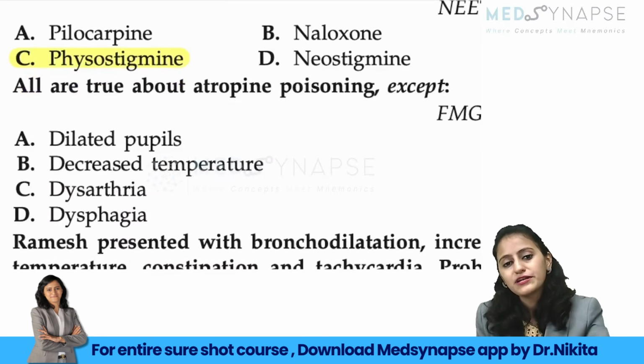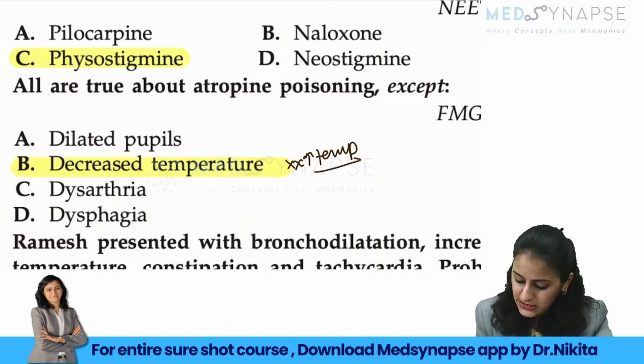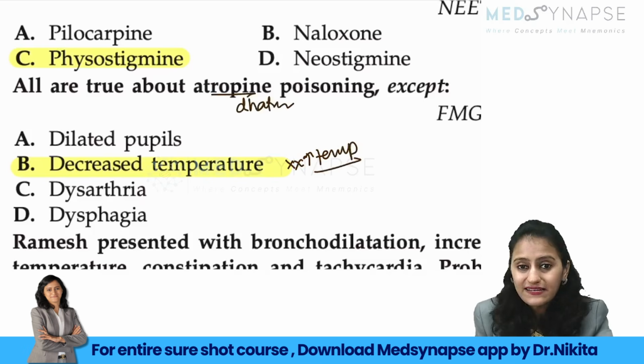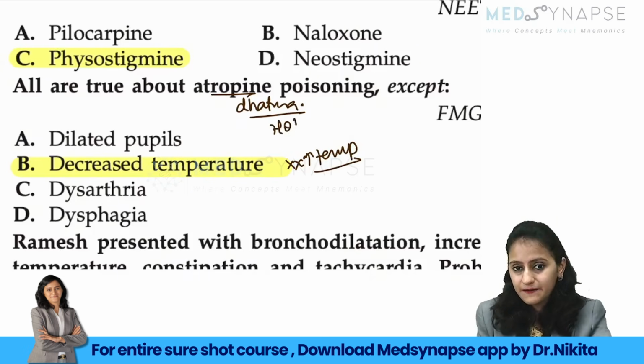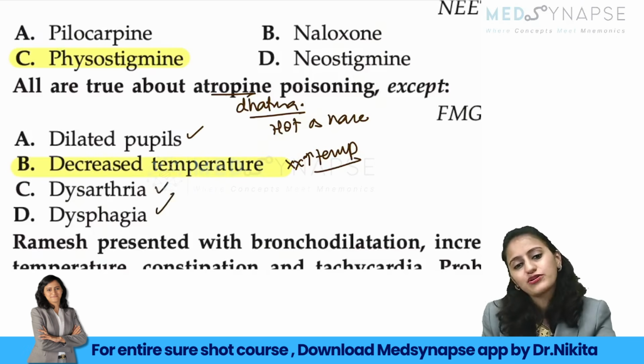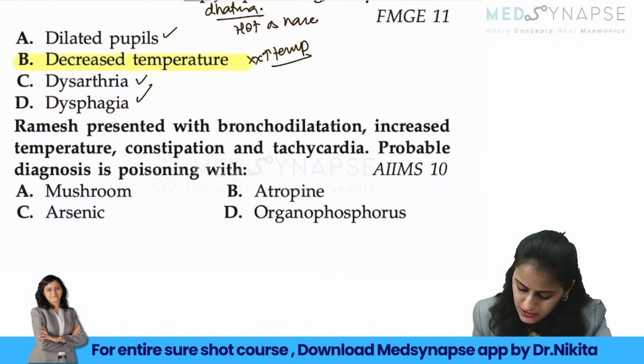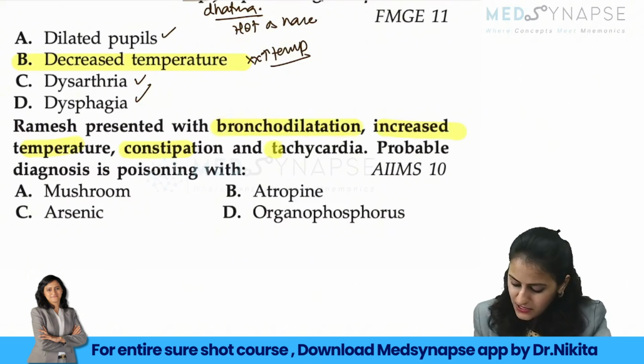All are true about atropine poisoning except decreased temperature, it is the increased temperature. Atropine poisoning is like Datura, hot as a hare. Dilated pupils, dysarthria, dysphagia can be seen. Next one, Ramesh presented with bronchodilation, increased temperature, constipation, tachycardia.